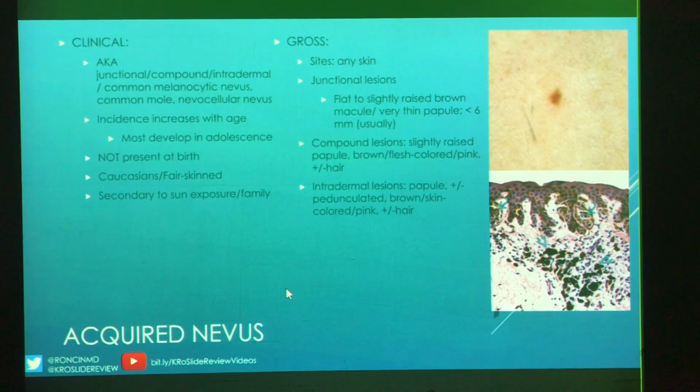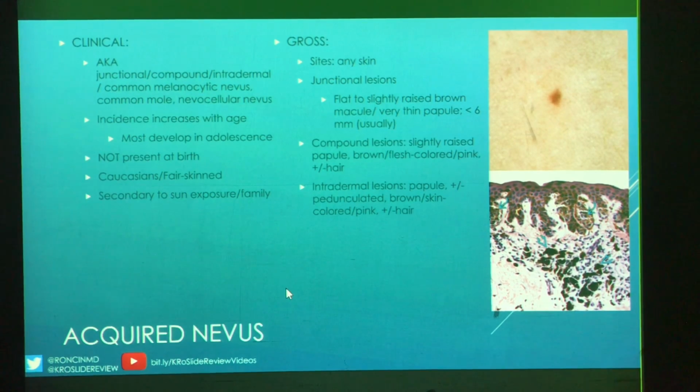Okay? They can occur anywhere that there's skin, and the difference between them is your junctional tend to be relatively flat or slightly raised, and they're usually pretty small, less than a centimeter. Whereas your compound lesions tend to be slightly raised. They may be brown or flesh colored, and they may or may not have hair.